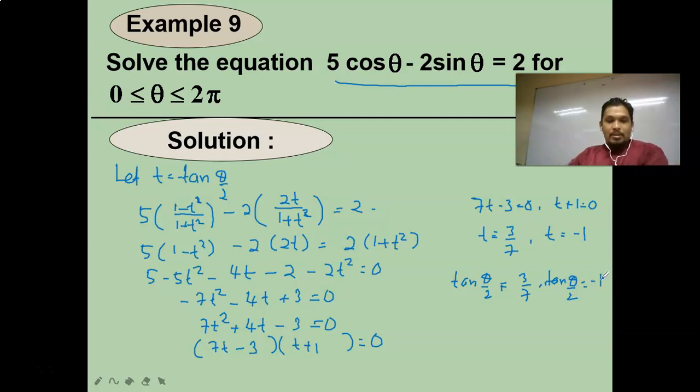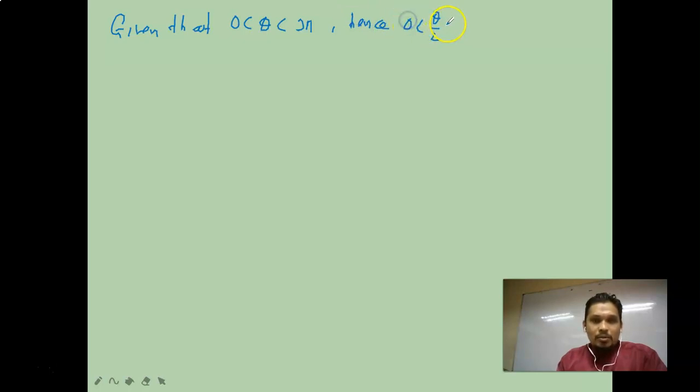Okay, so now given that theta lies in between 0 up to 2 pi, hence theta over 2 is in between 0 up to pi.